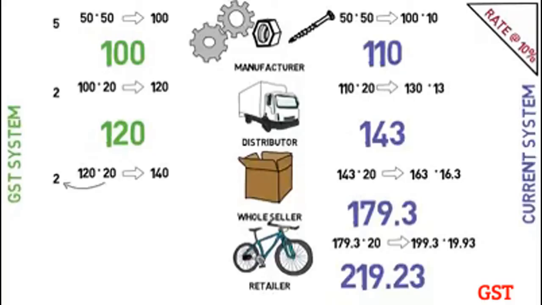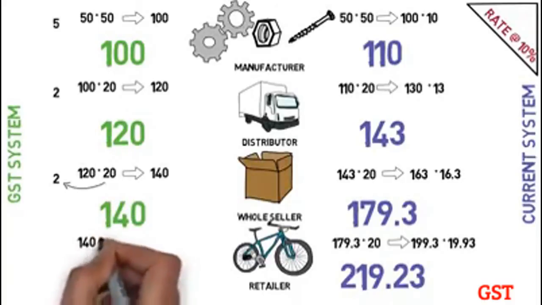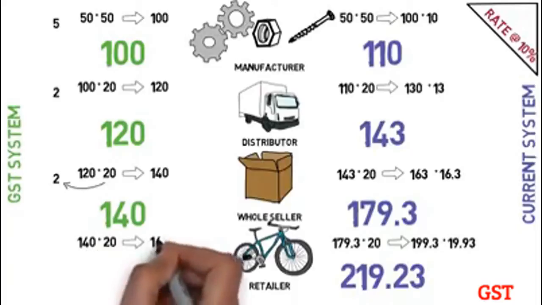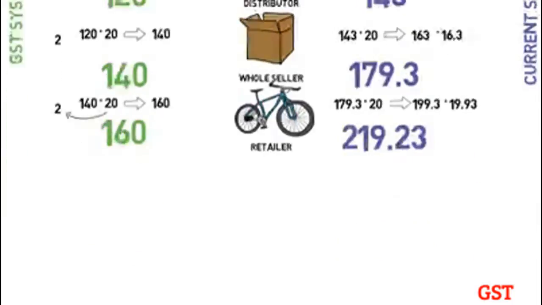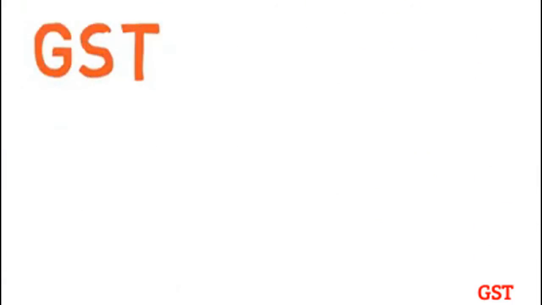The retailer buys the product for 140 rupees, adds a profit of 20 rupees, pays taxes of 2 rupees on his profit of 20 rupees and raises the final consumer price to 160 rupees. So if the prices are compared, the product is 59.23 rupees cheaper in the GST system than the current system. Let's take GST in detail.